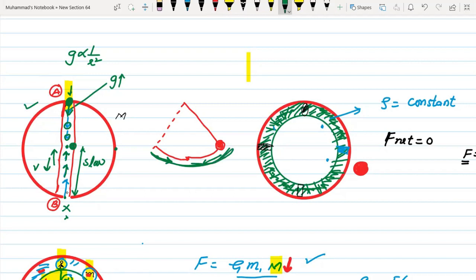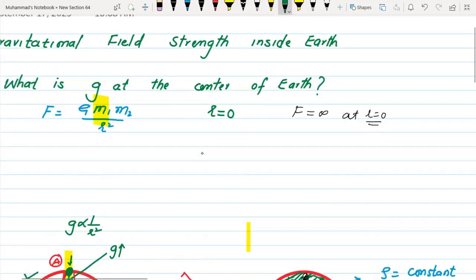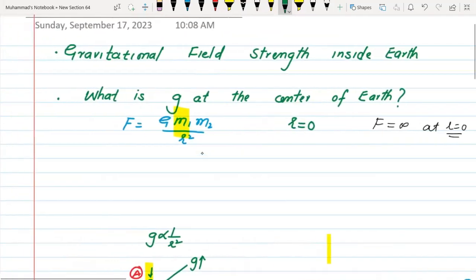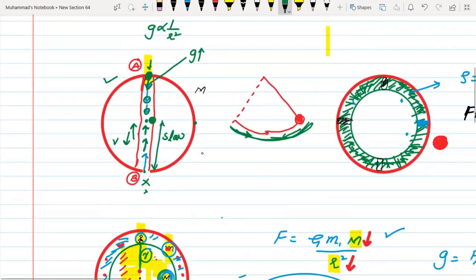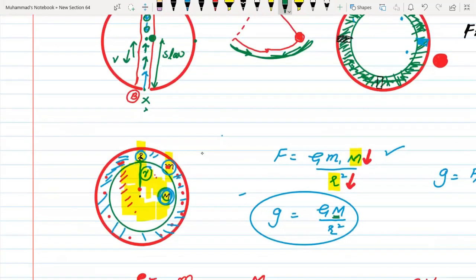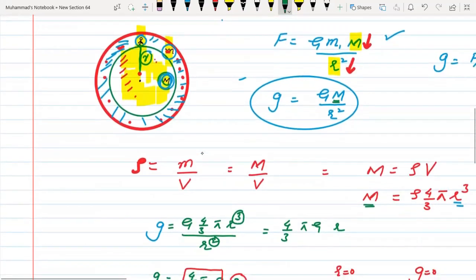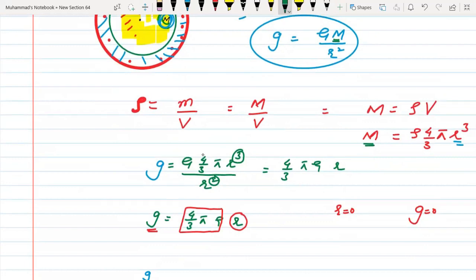Okay. So this is the end of that video. We discussed in that video how the gravitational field strength and the force on mass inside Earth is varying, and what is the gravitational field strength at the center of Earth.